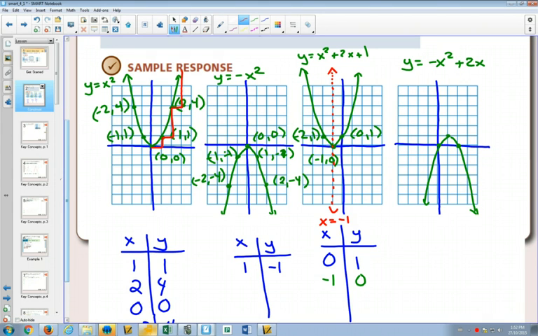So for example, if I plug in 1 here, I'm going to get 1, 4. Because my axis of symmetry is there, I would know over here that I also have -3, 4, without even having to plug that into my equation.